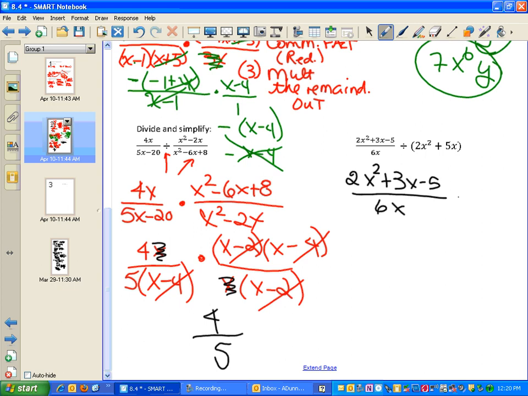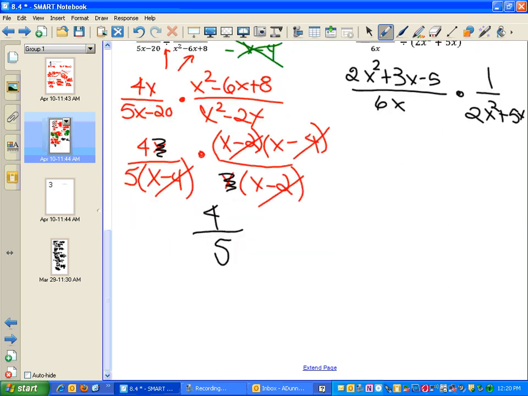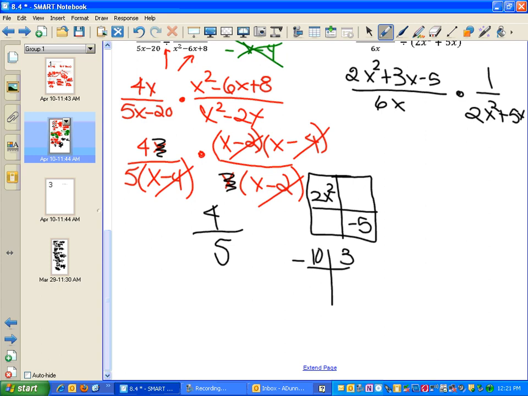And then this becomes what? Yes, good. And so this numerator, do you want me to do the box method? Yeah, alright. So the box method says I have a 2x squared and a negative 5. My product is negative 10 and my sum is 3. Oh, 5 and negative 2.